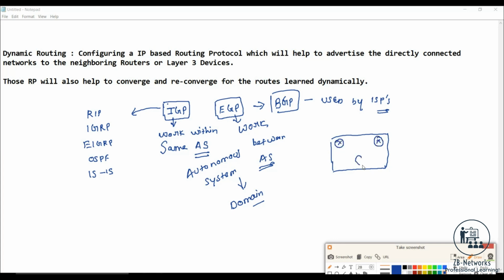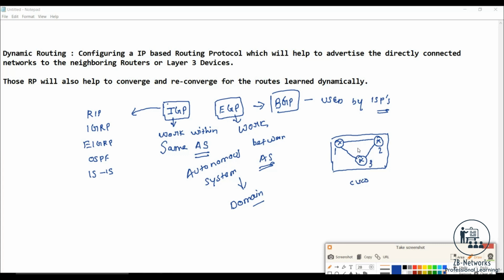These are the edge routers of my branch offices, connected with the help of the ISP somehow. Say this is a company, say Cisco, and Cisco has multiple branch offices in different locations of the city, or maybe between cities. Might be branch office 1, branch office 2, branch office 3, right? Different branches of the same company.